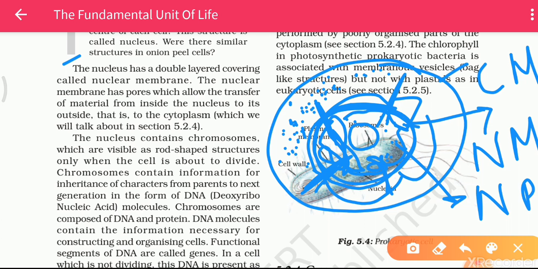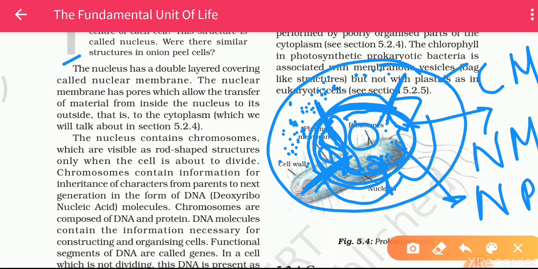This nuclear pore helps in the exchange of materials between the nucleus and the cytoplasm. Okay students, that is about the nucleus here. In the next paragraph you will see the nucleus contains chromosomes. It's true, I told you about that.